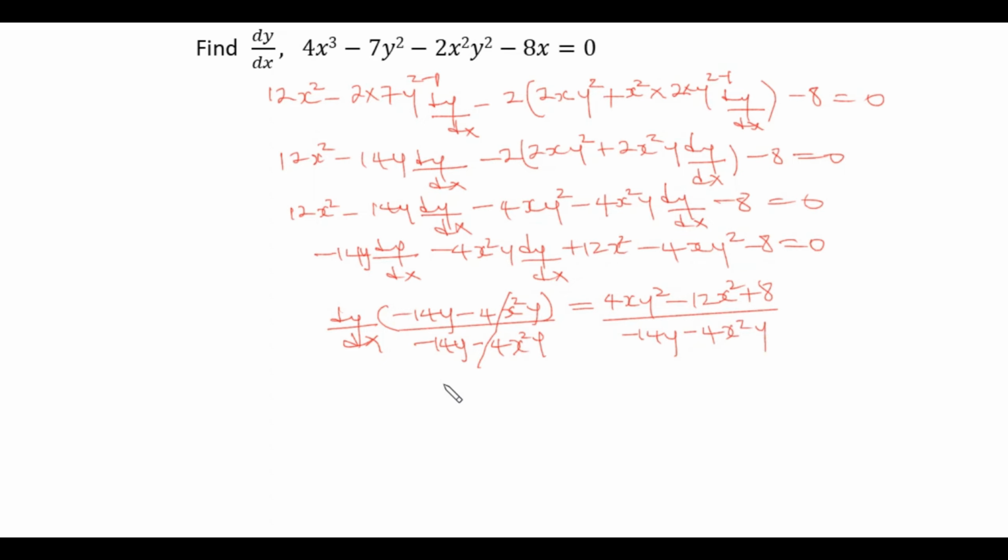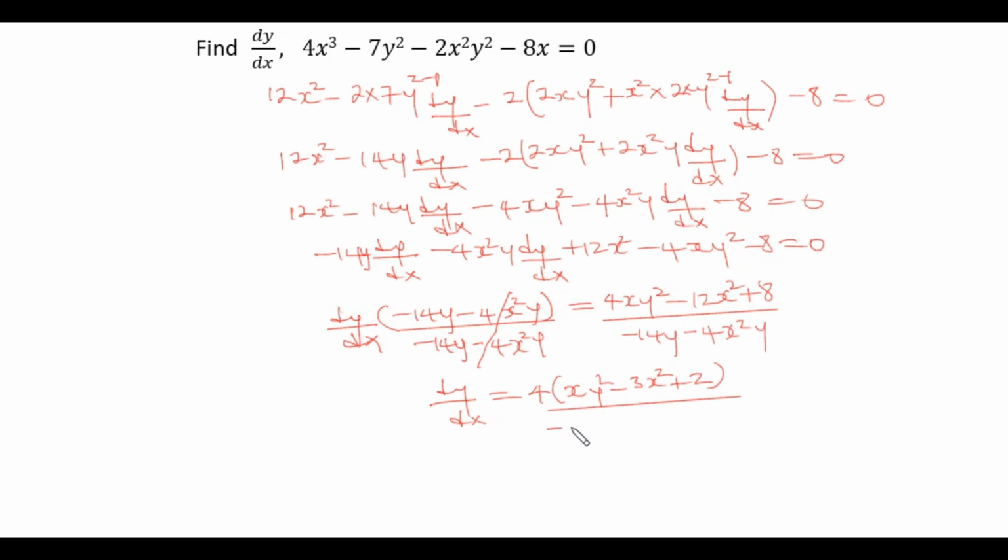So we have here dy/dx is equal to, factorize 4, because 4 can go into itself, it can go into 12, it can also go into 8. Factorize 4: xy squared minus 4 into 12 is 3x squared, plus 2, 4 into 8 is 2, and then factorize the minus sign, gets minus here.